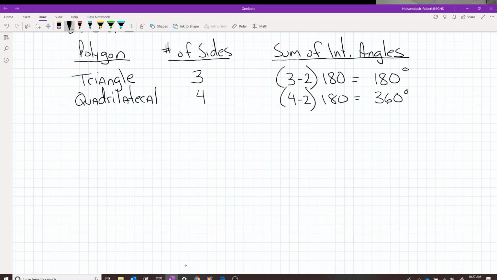You see the pattern here? A pentagon has 5 sides. So the sum of the interior angles of a pentagon would be 5 minus 2 times 180, which equals 540. Everybody see how that works?